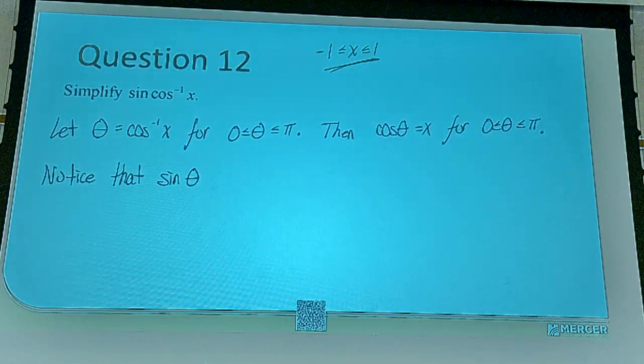For 0 to pi, isn't sine non-negative? Sine is going to be strictly non-negative for all of our values of theta here, because we're only going from 0 to pi, since that's the range of our inverse cosine.